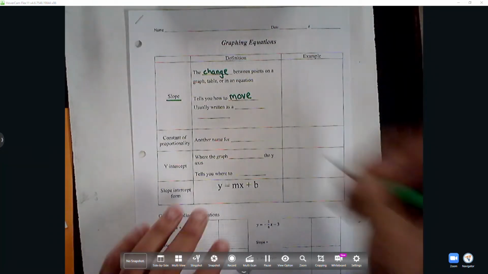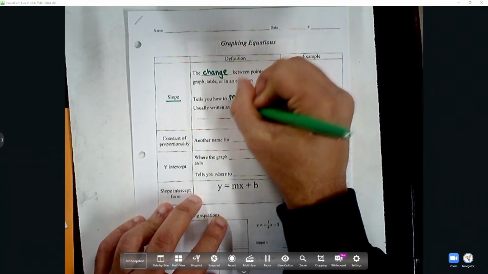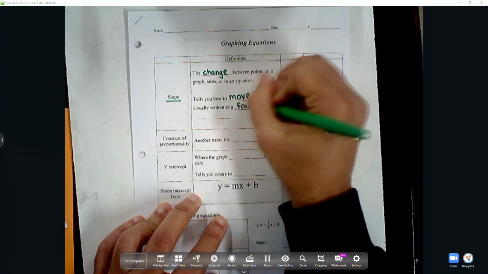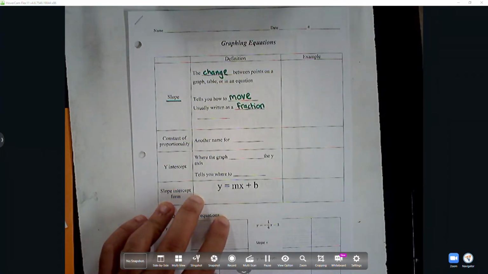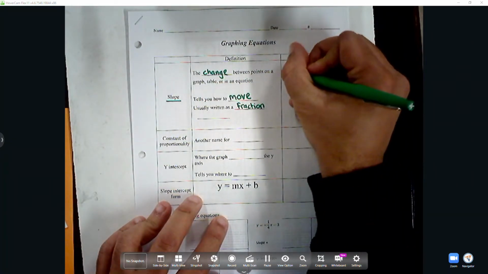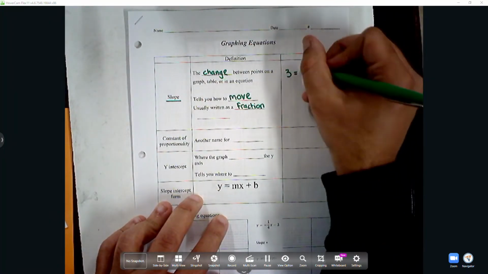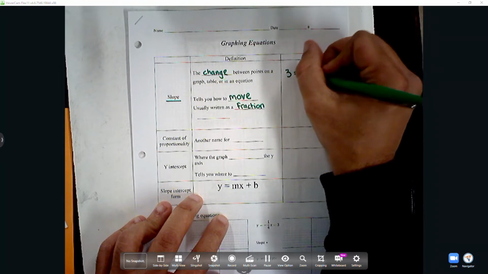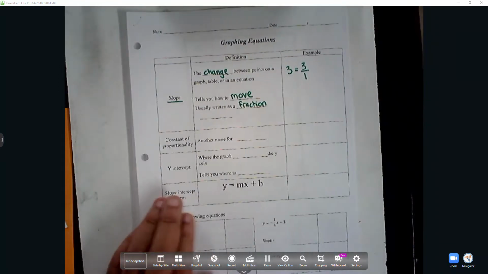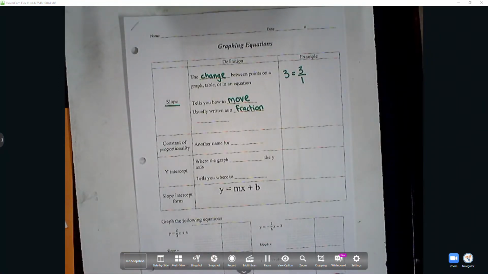Slope is usually written as a fraction, which is important to know. Even if the slope is something like 3, you need to write it as a fraction, so you would write it as 3 over 1, because that's how you write a whole number as a fraction.